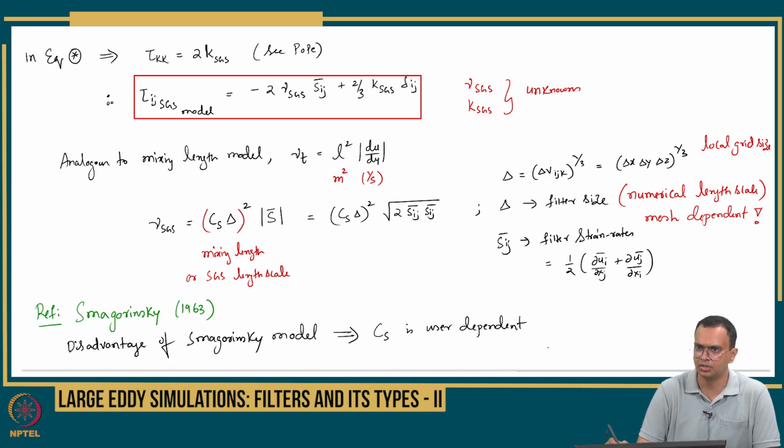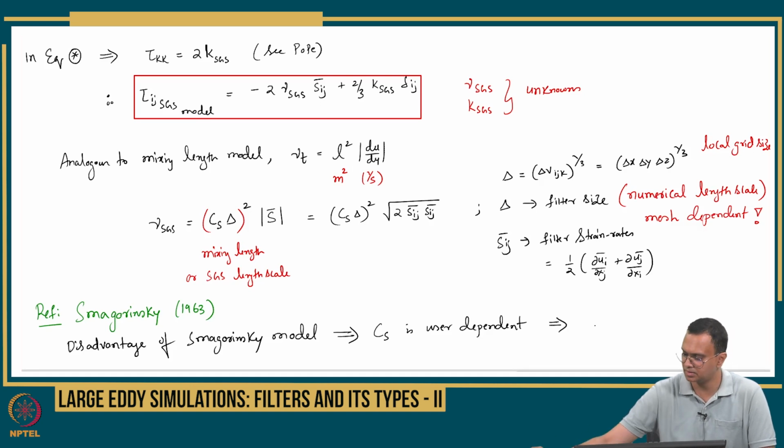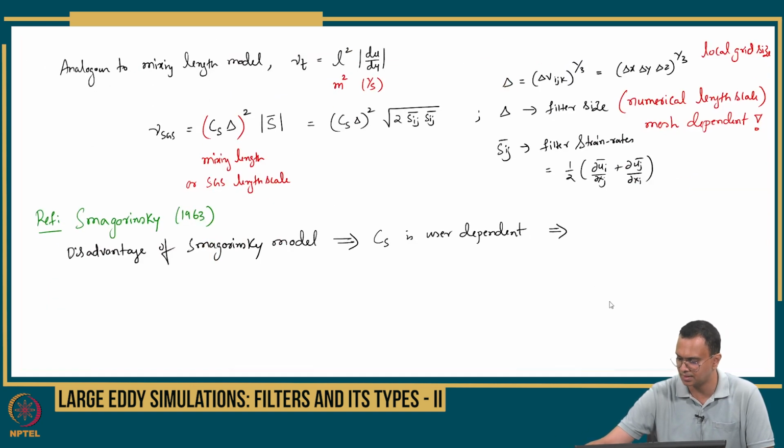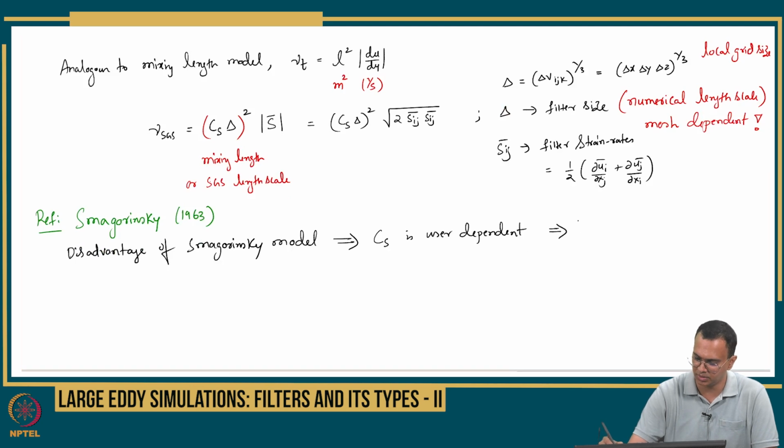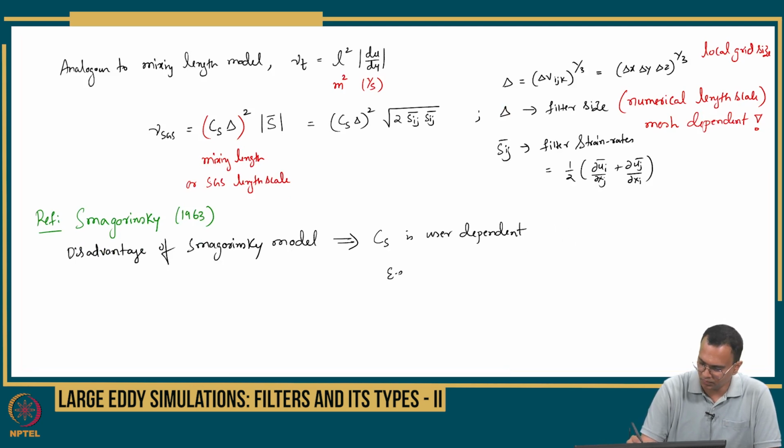Obviously it has to be a fraction because the length scale has to be smaller than the delta. So Cs has to be some value, and there are some guidelines you can take, like best practice guidelines. So for some flows it is available what this value has to be. So Cs can take, for example, the value Cs equal to 0.065.